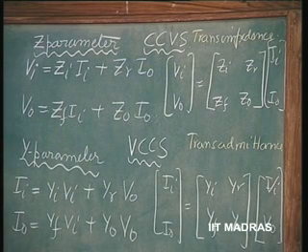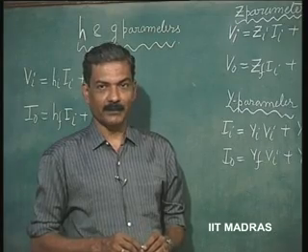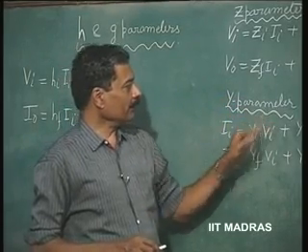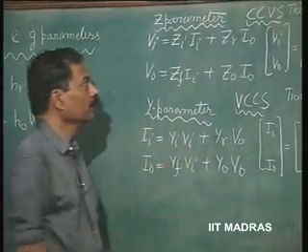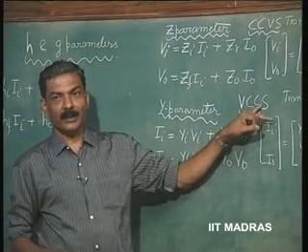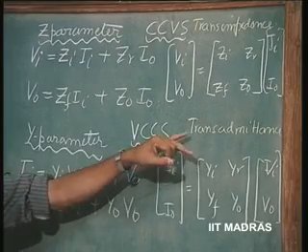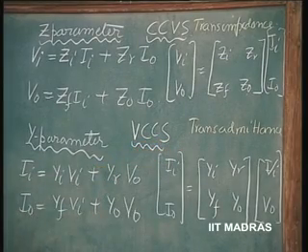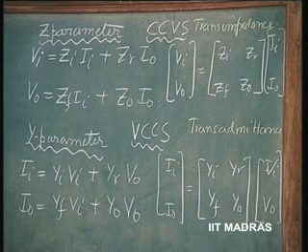We will call it now in a more general term as transimpedance amplifier instead of transresistance amplifier. And y parameter, the dual of that, leading to a voltage controlled current source, we called it as transadmittance amplifier instead of the earlier definition, transconductance amplifier.